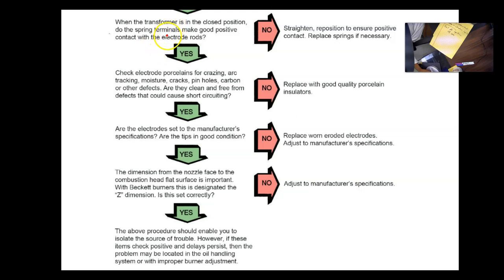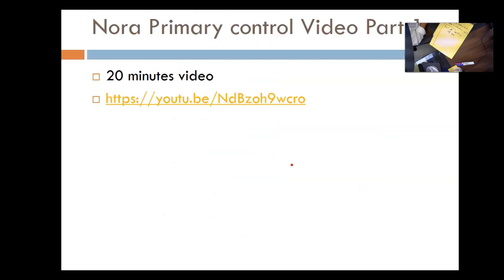More testing: check the terminals, check the porcelain, check the location, check the gaps, and check the location of the electrodes in comparison to the nozzle and the plate. These charts are available in the NORA book, and you can also look at the PowerPoint later on and read through them.